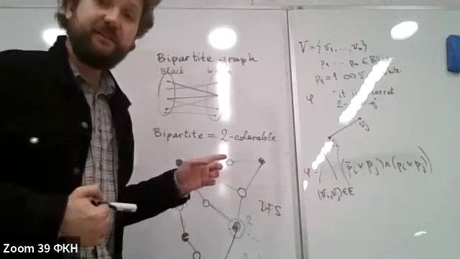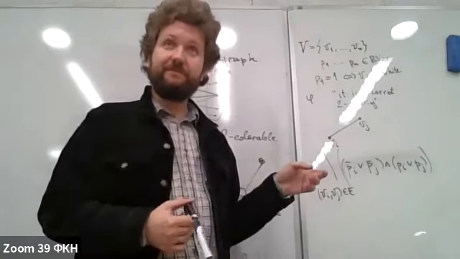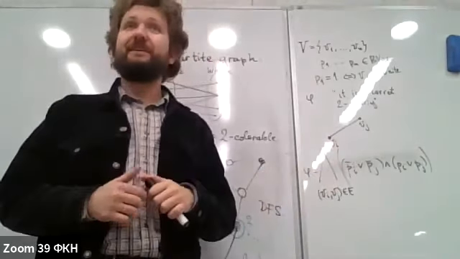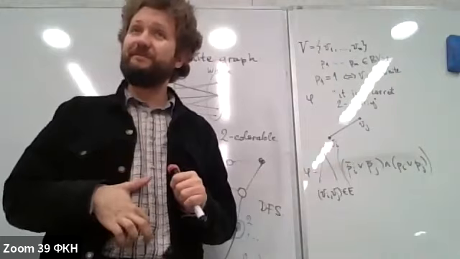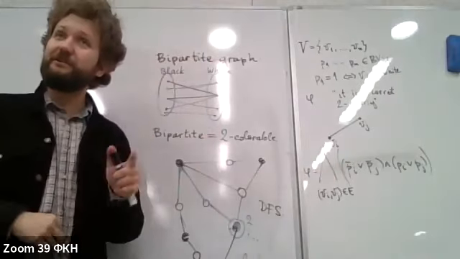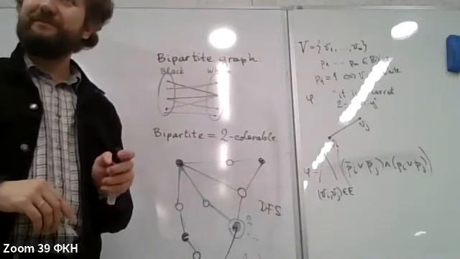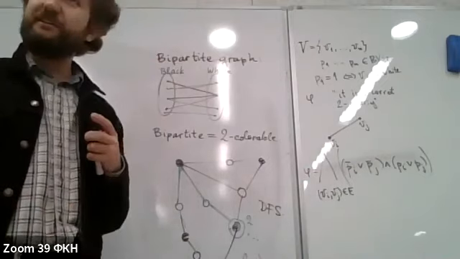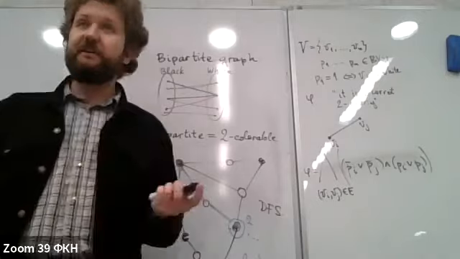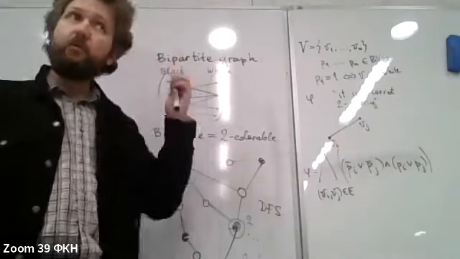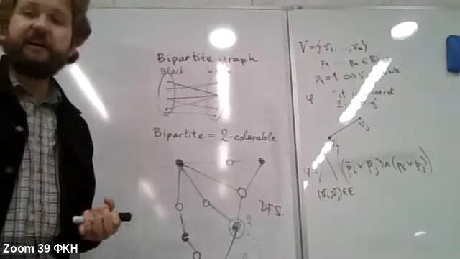But this is not just a Boolean formula. What sort of Boolean formula is written here? CNF. It's not only a CNF, it's a 2-CNF. And for 2-CNFs, we have resolution, which is polynomial. So we just apply the resolution method, and this will give us satisfiability. And once we have satisfiability, we can find a satisfying assignment.